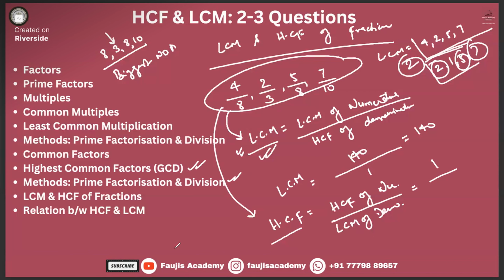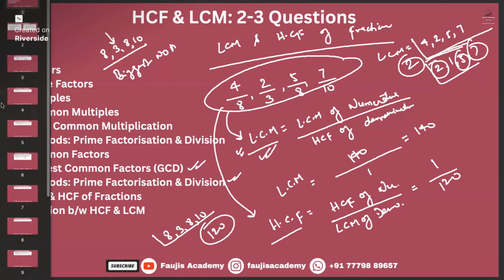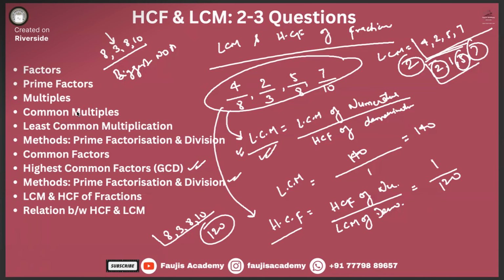What is the LCM of 8, 3, 8, and 10? What's the LCM of these numbers, guys? Yes, that's correct. Mateshwaran, you know how to find the LCM, no? Cool. If you do not know, ask me, I'll tell you.